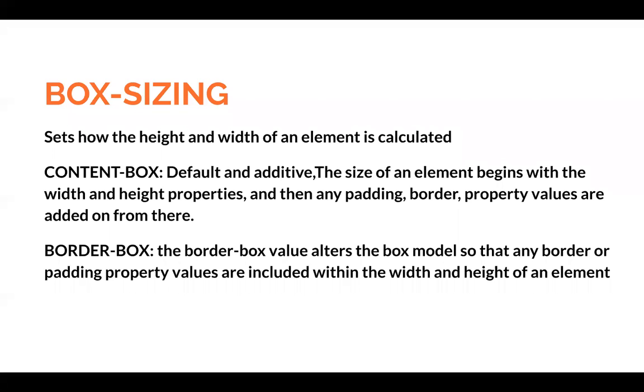But then a hack came in: instead of the browser adding the border and padding to the width of my content, I want the browser to calculate it automatically, whereby the width of that element will still be the width I specify.